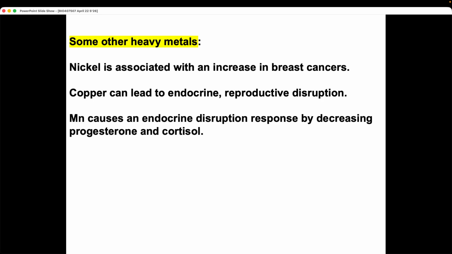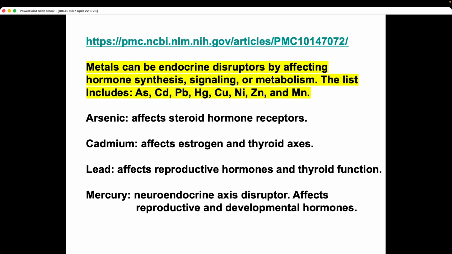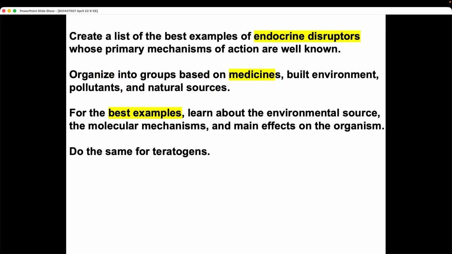But there's lots of stuff about metals. So if you were to ask us a question about metals on the exam, would you ask us about something that's not focused on endocrine disruption?